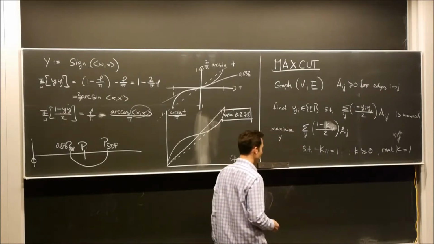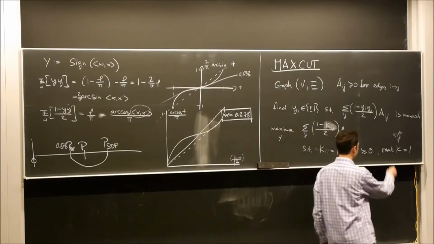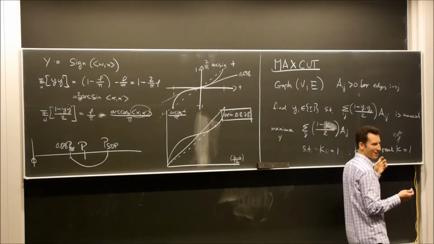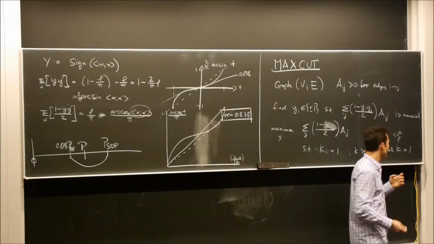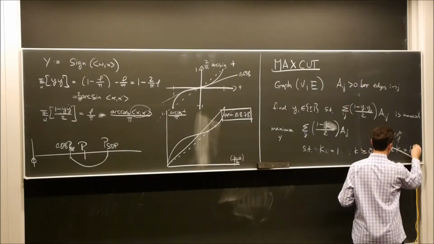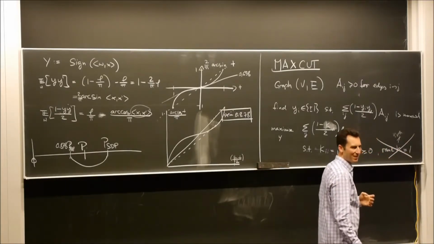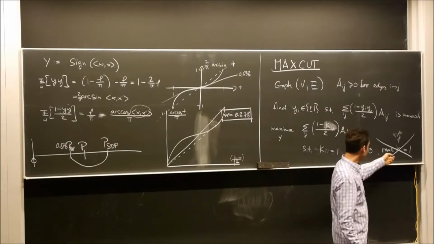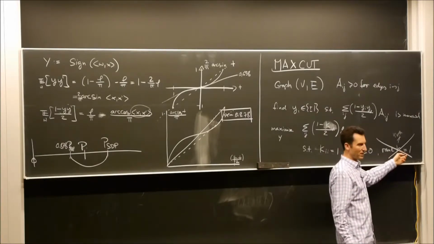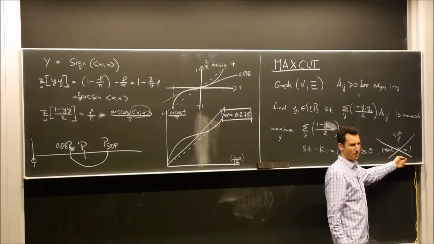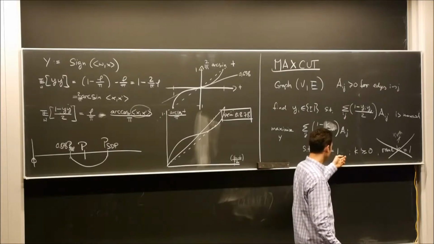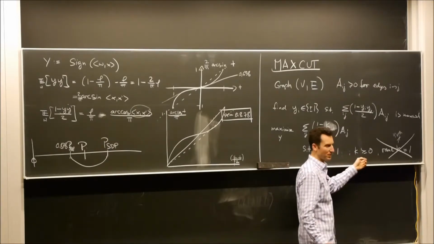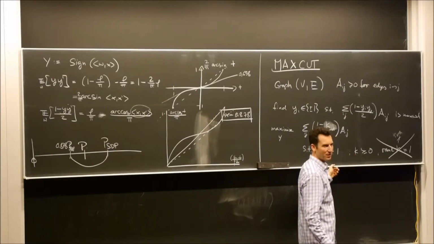Now comes the key step. Can somebody guess what the key step is going to be? I'm going to cross this out. I'm basically going to drop the constraint that the rank of this matrix is 1. I'm going to keep the condition that it's positive semidefinite, but that's about it.